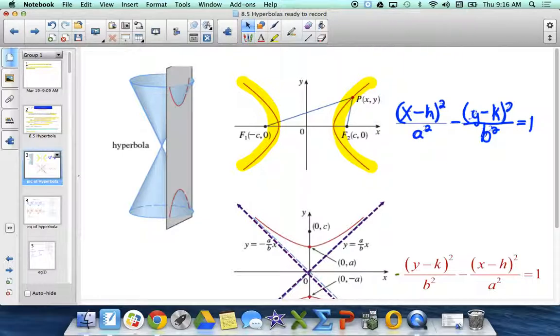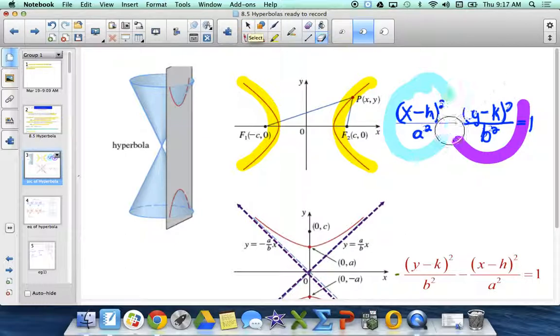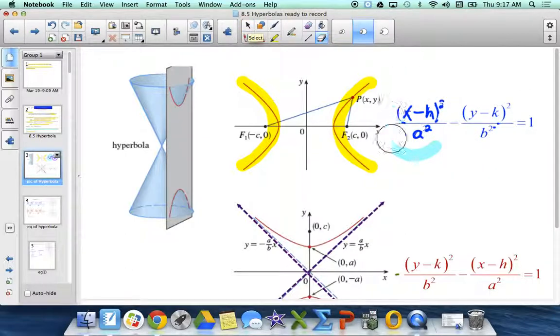And you'll see that in this particular hyperbola, the x is the positive term and the y is the negative term. So that's why it is horizontal. The foci are always on the inside of the branches.